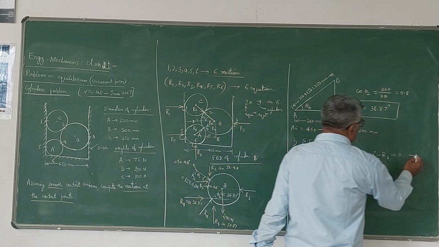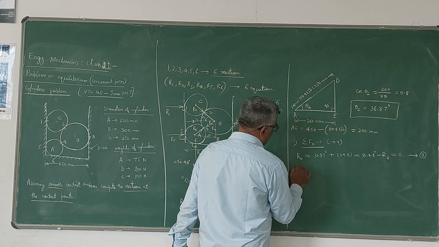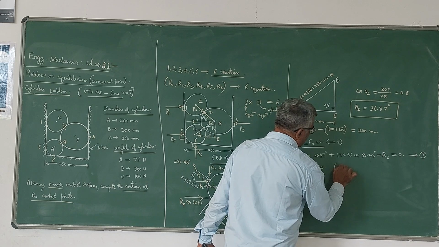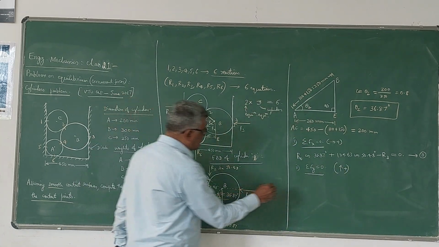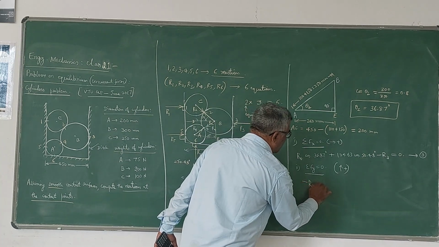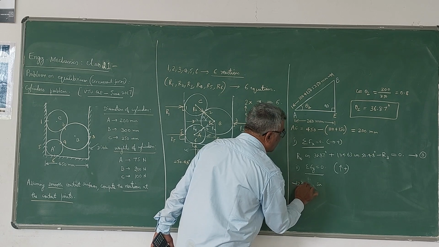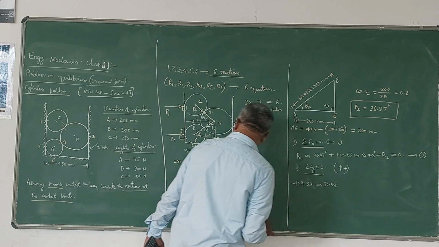So one more equation we have to get. So this is equation 3. Then I will take sigma Fy is equal to 0, upward forces positive, downward negative. So this is negative, minus R2 sin, and you can substitute the value of R2: minus 129.63 sin 50.48 degrees.